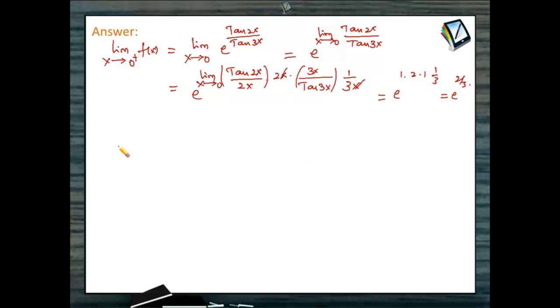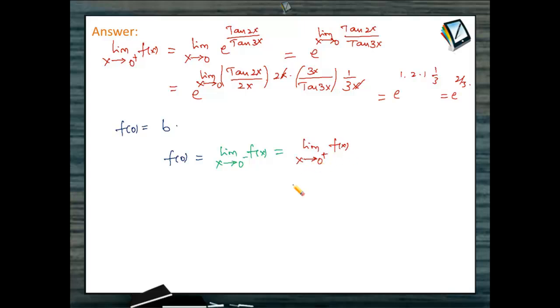Now let's go back to finding the value of f of 0. F of 0 value is given directly by definition itself, and the value is given to be b. Now again let us recollect the condition. For continuity, f of 0 must be equal to limit x tends to 0 minus f of x must be equal to limit x tends to 0 plus f of x.